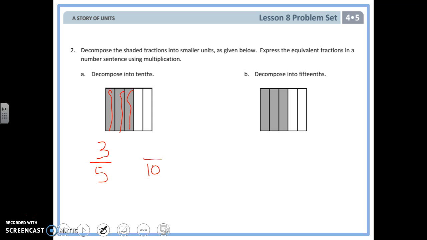So I know that 5 times something is going to equal 10, which is 2. So now I know I must multiply my numerator by 2, and 3 times 2 equals 6. And if I draw my line across, there we have it. We just decomposed the shaded fractions into smaller units. And 3/5 equals 6/10.